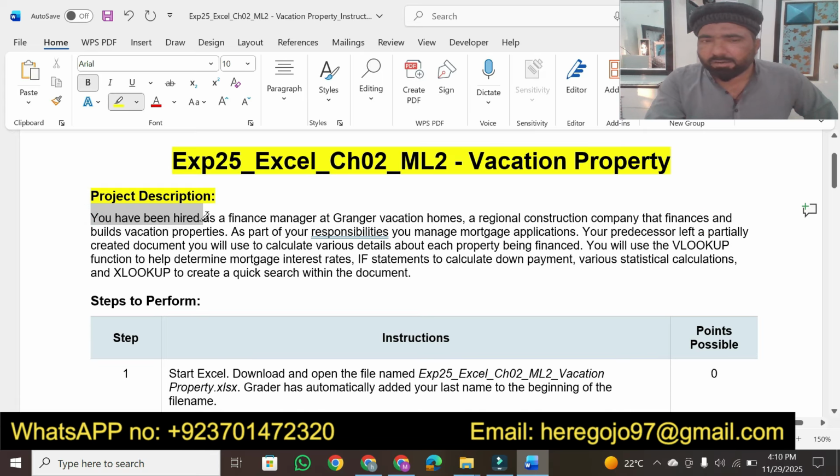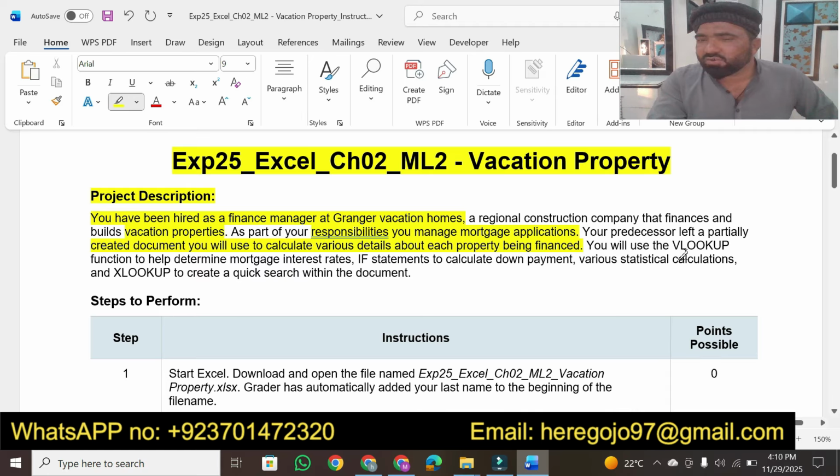You have been hired as a finance manager at Ganger Vacation Homes, a regional construction company that finances and builds vacation properties. As a part of your responsibilities, you manage mortgage obligations. Your predecessor left a partially created document you will use to calculate various details about each property being financed.